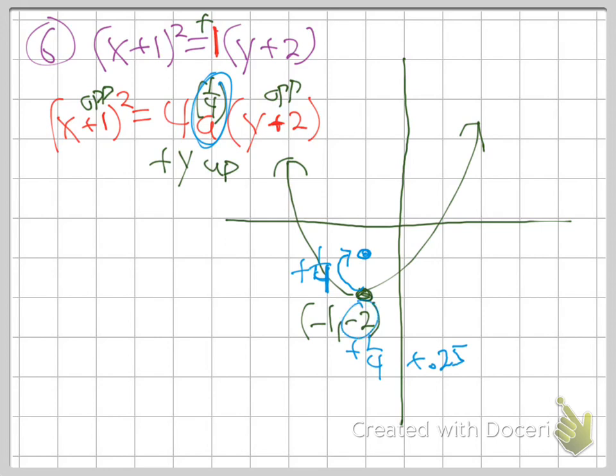You have negative $2 and add 25 cents, so that's negative 1.75. We good there? That's got to be the coordinates of the focus point.